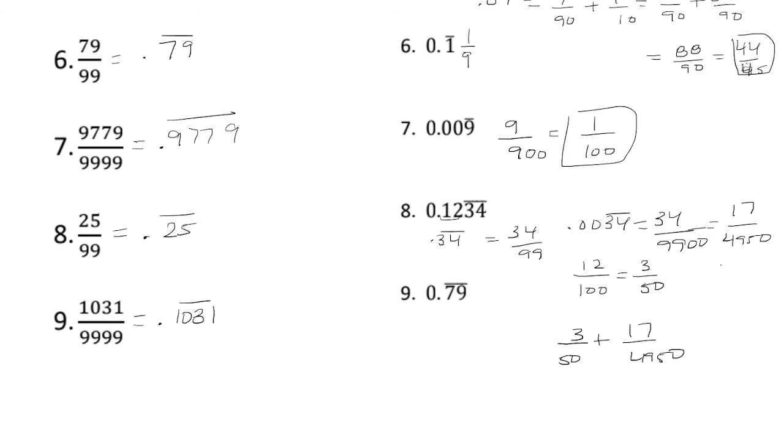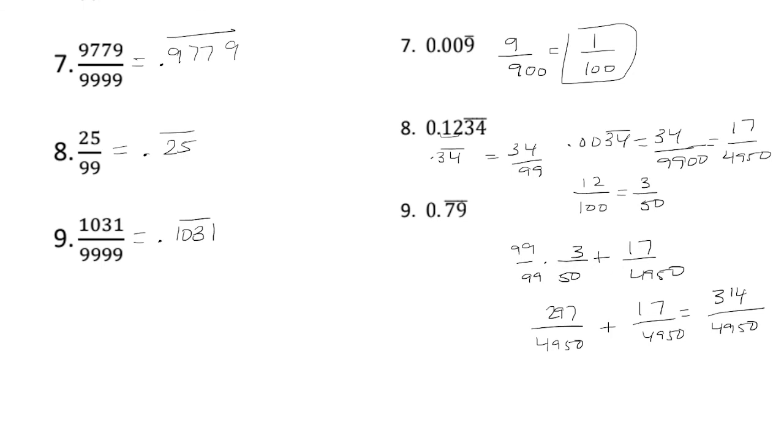So I need to multiply this by 99 over 99 to get the same common denominator. So now we have to do 99 times 3, which is 297. Adding this together, we have 4,950 at the bottom, and then 297 plus 17 is 314.